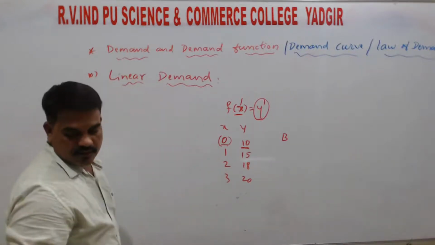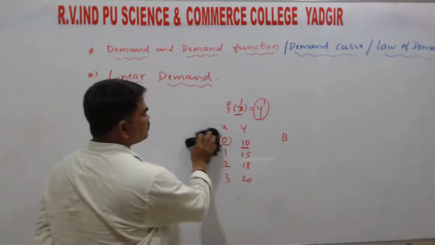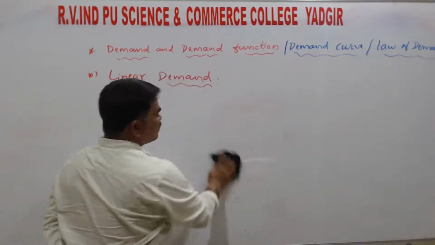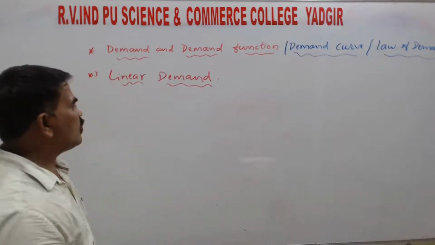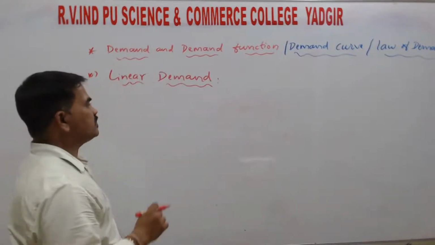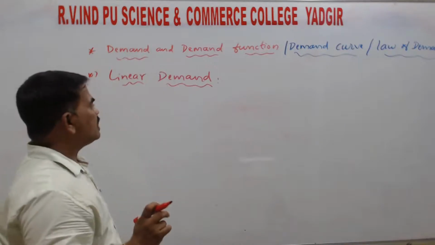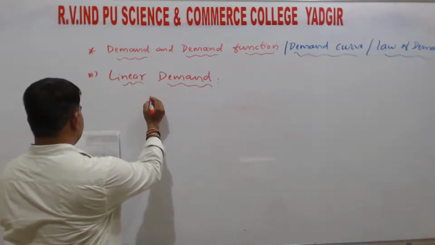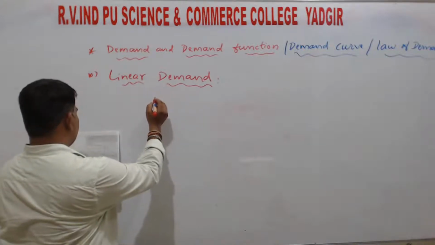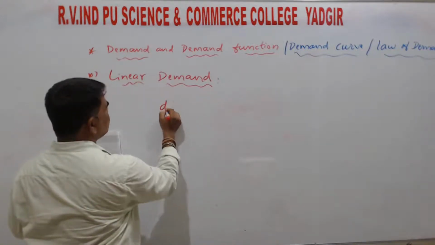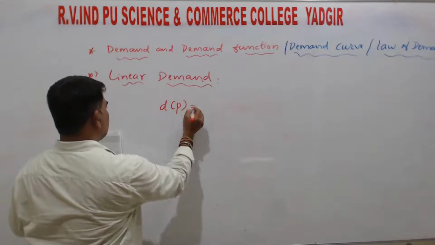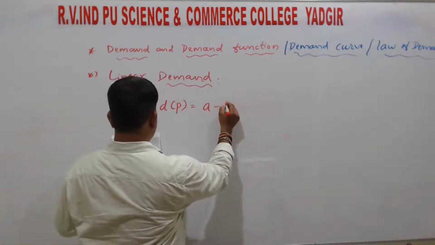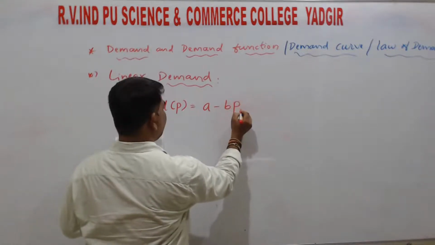There is an equation. As I said, in economics we go with assumptions; only then can we arrive at some conclusion. So in linear demand, we can write this as demand is equal to A minus BP.